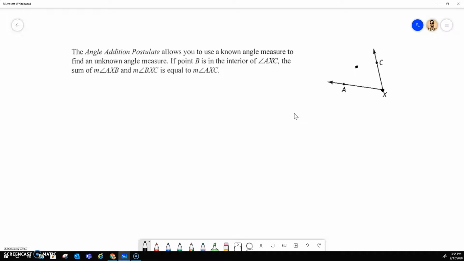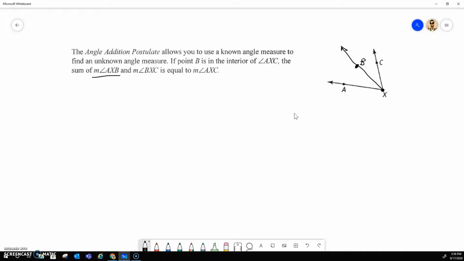Okay? If that's the case, then the sum of angle measure AXB, okay, and the measure of angle BXC is equal to AXC. Well, what does that mean? Well, first what I want to do is with that point B, I want to draw another ray through that. So now this problem will start to take form, okay?